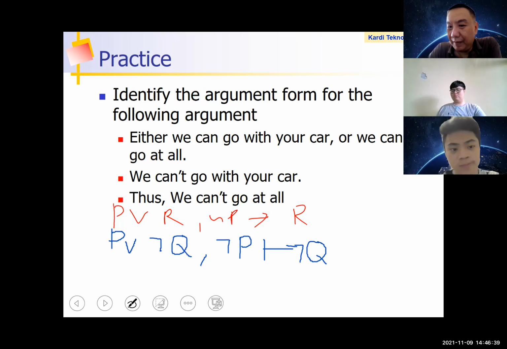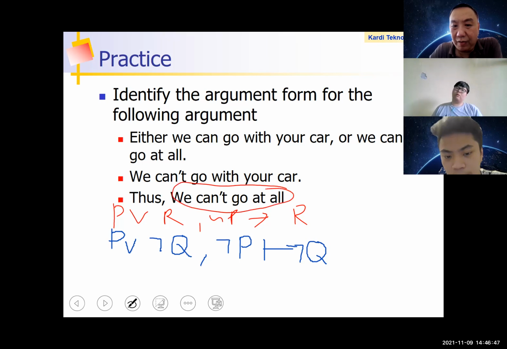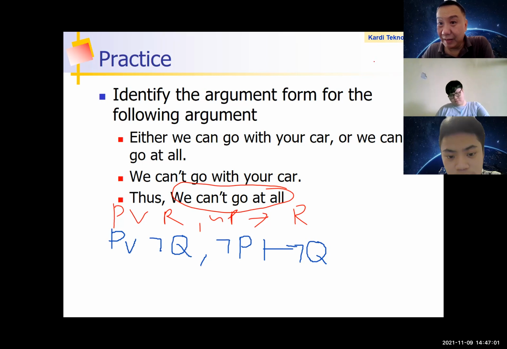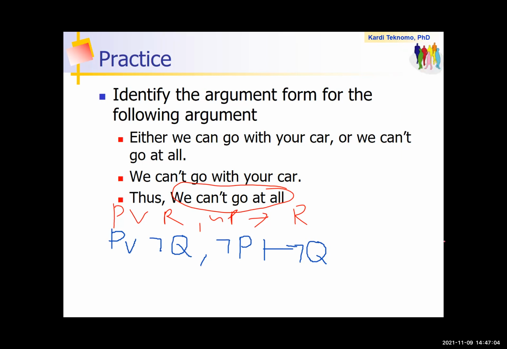Right? It's the same thing because even if this is negative, you can put it as one sentence, one proposition called R. What Billy doubted a while ago is because this one is supposed to be not Q, right?